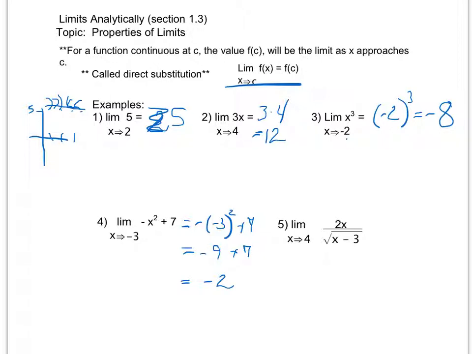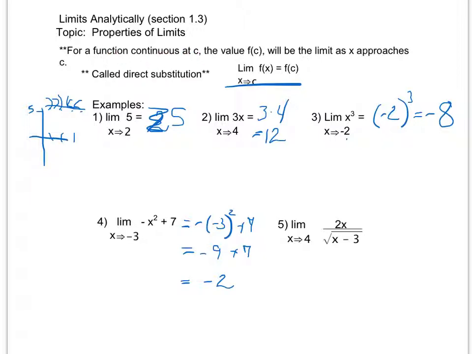I know this isn't going to be defined for an entire domain. My domain is going to have to be x values greater than 3, because anything less than 3 is going to give me a negative number under the root. But once I start at 3, I know this will be a continuous function. And since 4 is within my domain, I know my function is continuous at that value.